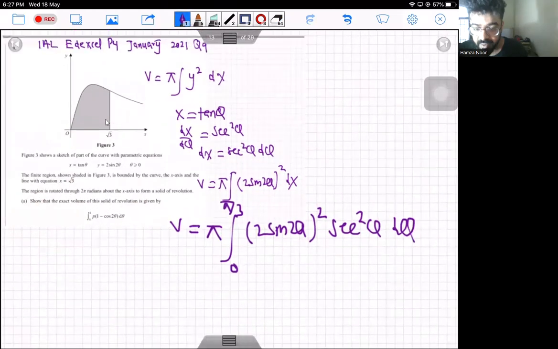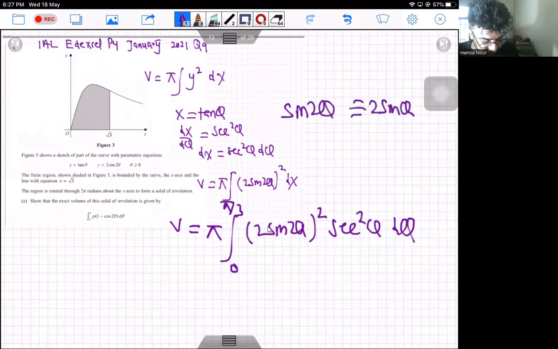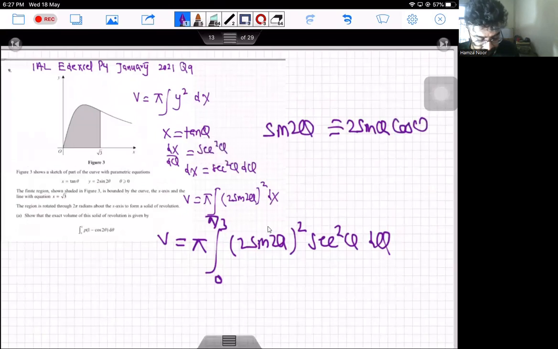Now the main thing over here is to convert this definite integral exactly into this form. So in place of 2 sine 2 theta, what can we write? 2 multiplied by sine theta multiplied by cos theta, as we know the identity that sine 2 theta is equal to 2 sine theta multiplied by cos theta.